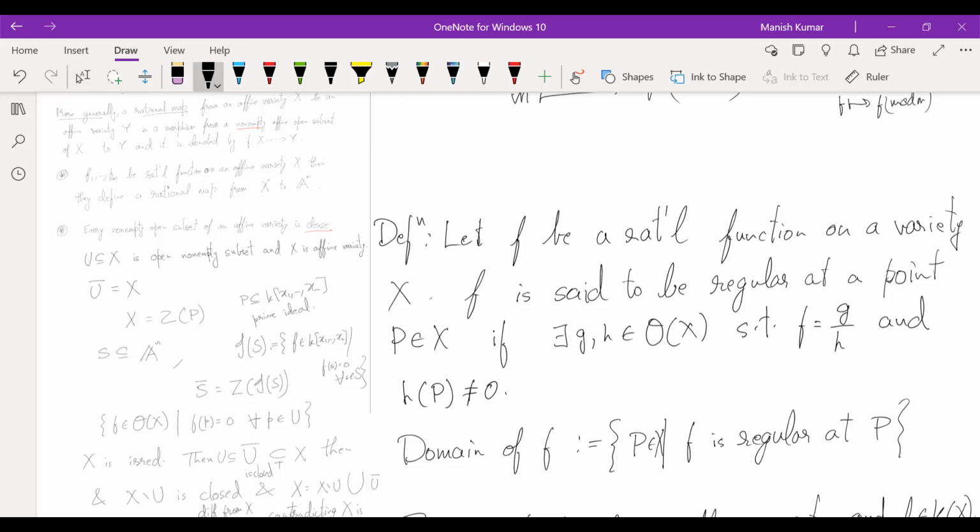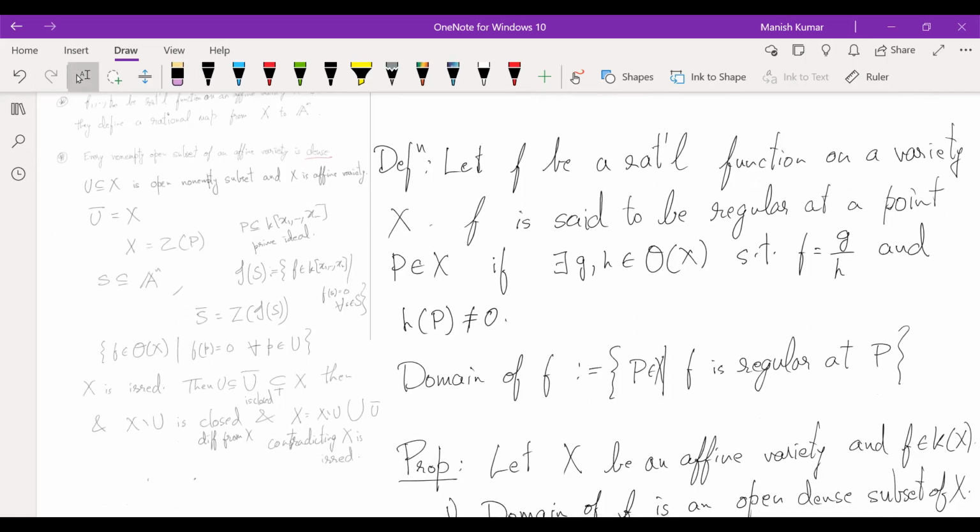So if you can find some g over h such that h(p) is non-zero, then you say that f is regular at that point p of X. So a rational function is regular at many points of the variety X. A regular function will be regular at every point, because if it is regular, it's in the coordinate ring. You can always take h to be 1, and 1 never vanishes at any point of X.